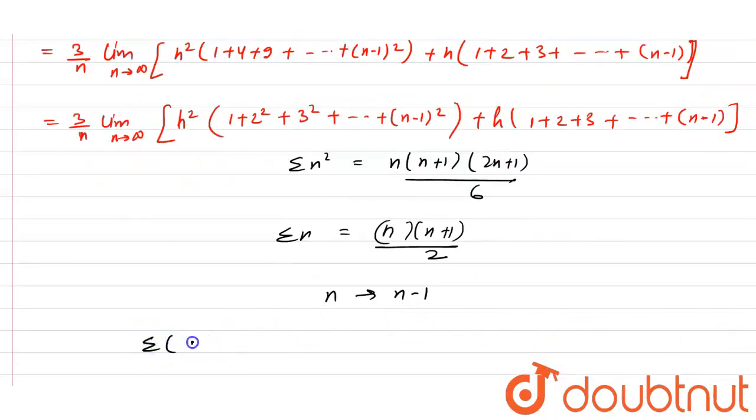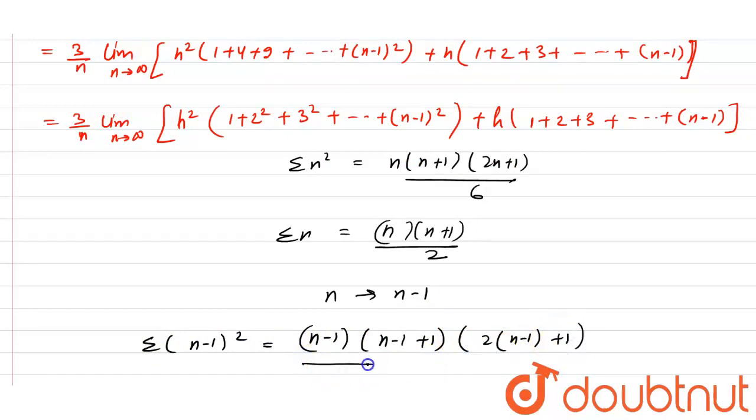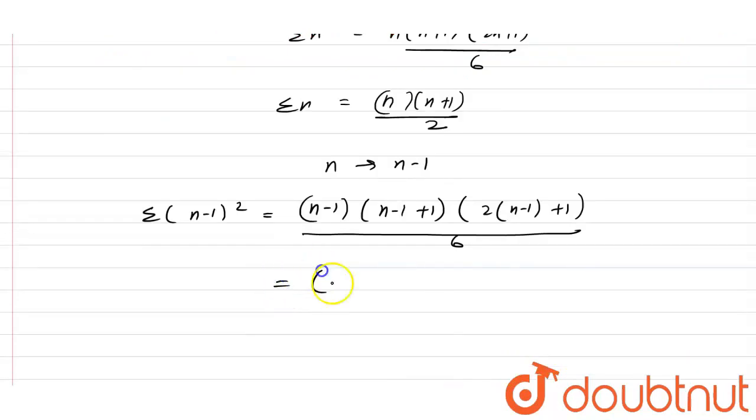So summation of n minus 1 square is equal to n minus 1 into n minus 1 plus 1 into 2 into n minus 1 plus 1, whole divided by 6. So this is equal to n minus 1 into n into 2n minus 1 divided by 6.